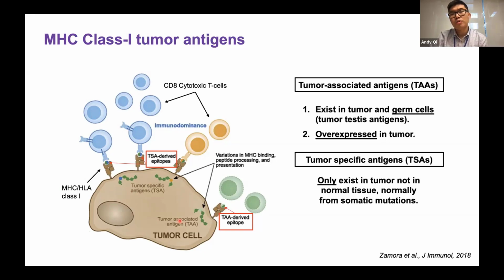Currently there are 2 classes of tumor antigens. The first class is tumor-associated antigens, which exist in tumor and germline cells. From my perspective, this category has been well overlooked.